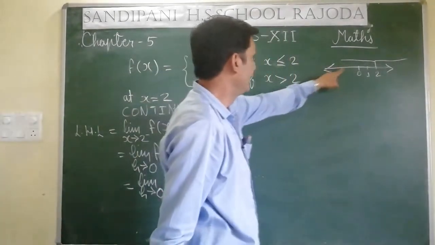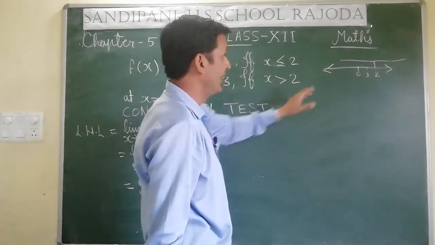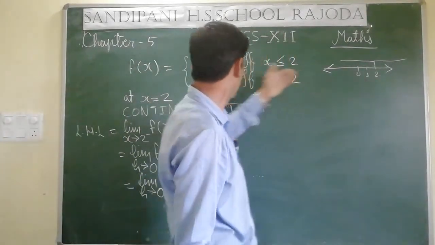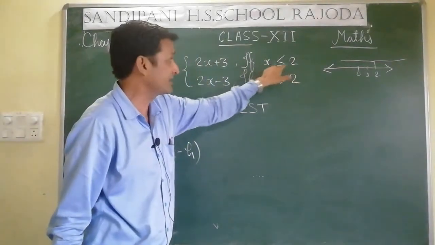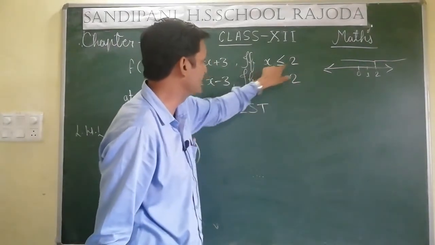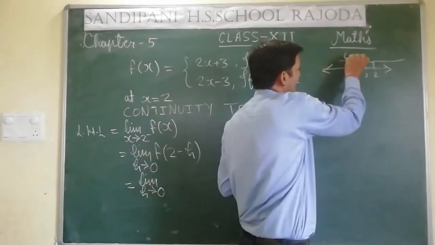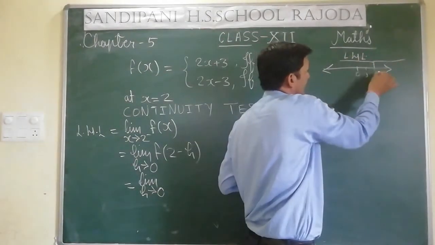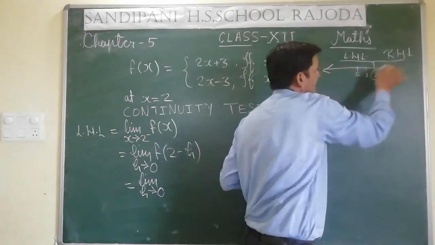So at 2 minus we have to check in left hand limit, and at 2 we have to put the value x is equal to 2, because x is less than or equal to 2, in this function 2x plus 3. This is our left hand limit, and for right hand limit it is 2 plus.